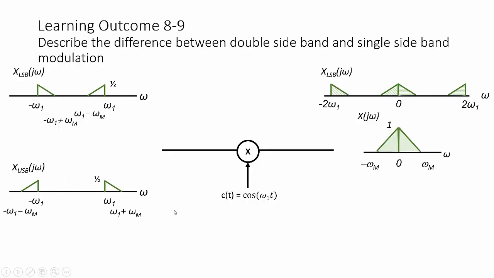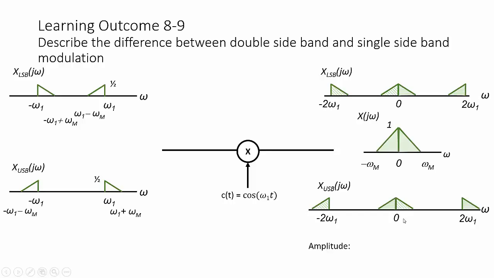What about for upper sideband? If we shift it to the right, positive omega 1, shift it to the left, negative omega 1, and again, we get our triangle. What would the amplitudes of these be? One over 2 pi, because multiplication in time is 1 over 2 pi convolution in frequency.